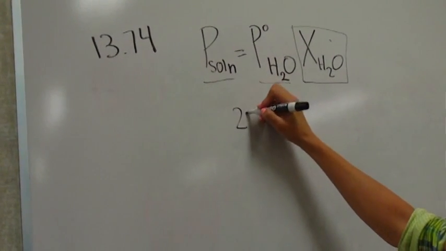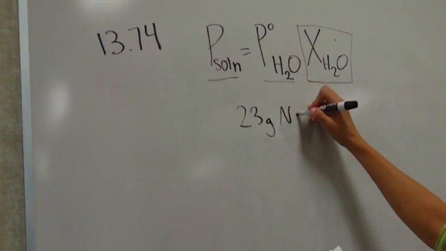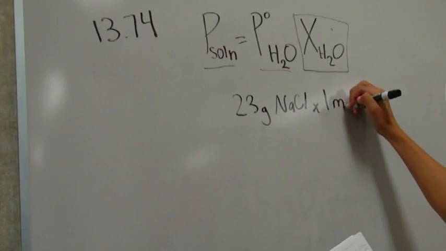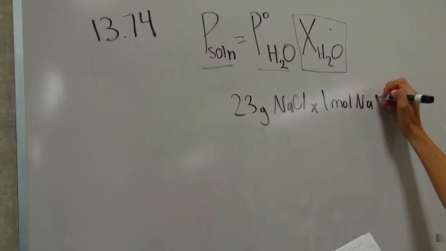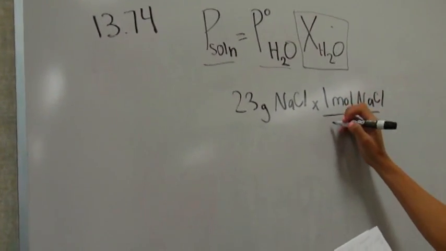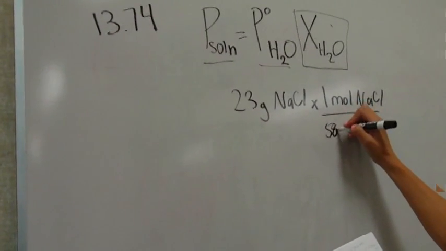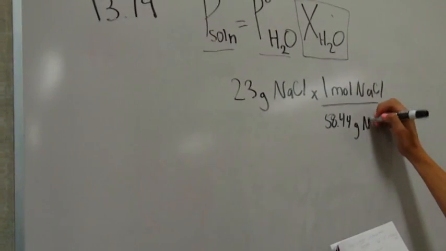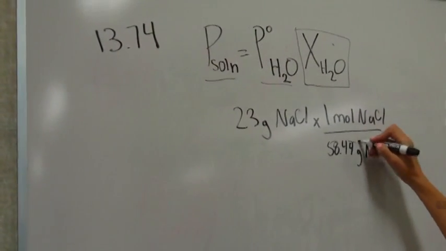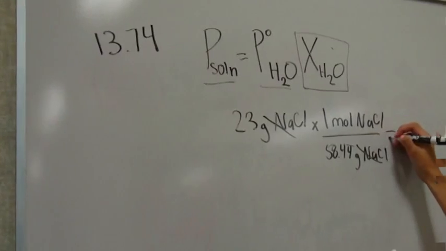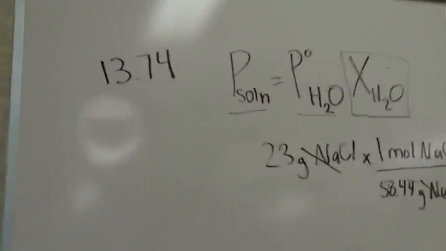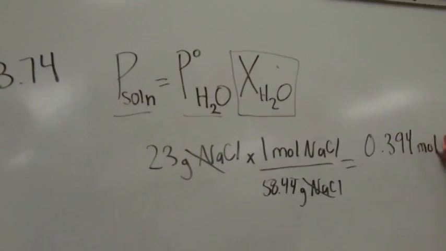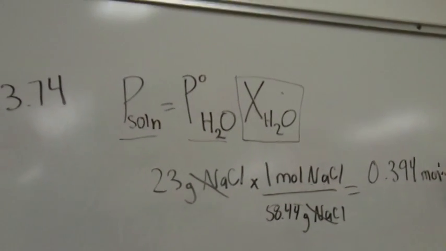So it gave us 23 grams of sodium chloride. Some quick dimensional analysis with the molar mass of sodium chloride, which is 58.44, gives you the moles of sodium chloride, which was 0.394 moles.